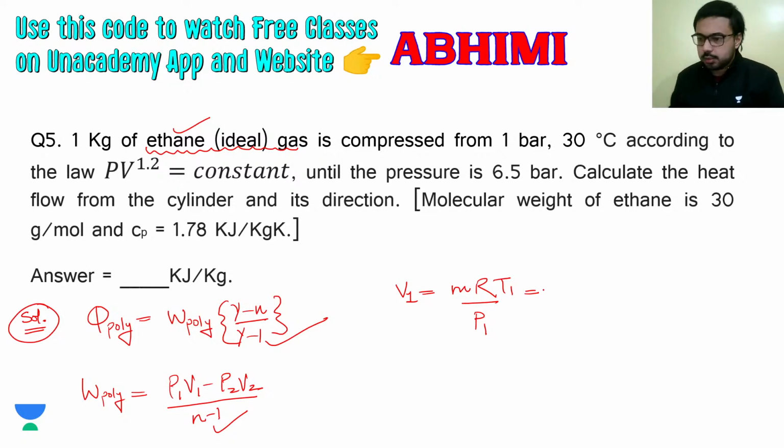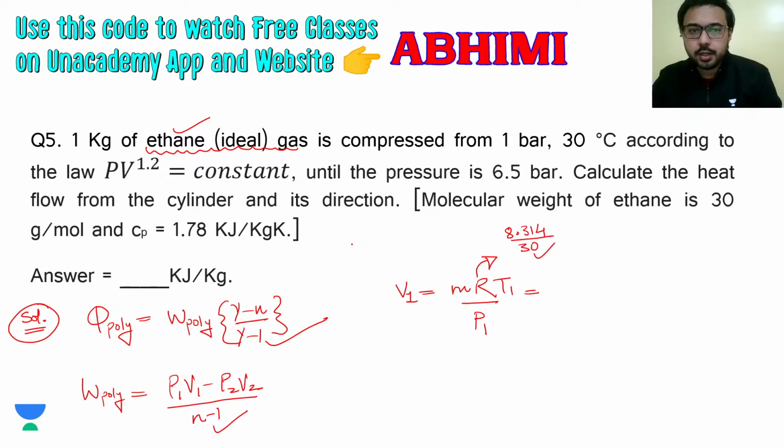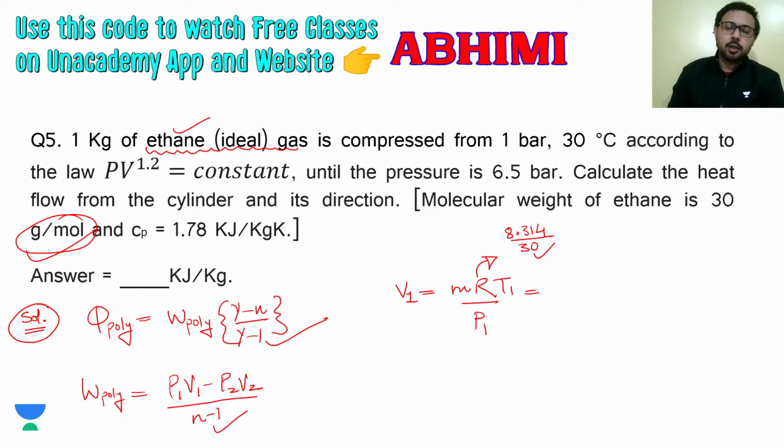This R is not 0.287, because here we don't have air; it will be 8.314 divided by 30. Remember, this molecular weight unit is gram per mole. It is very important. If you are using the universal gas constant with kilomole in the unit, you can take this molecular weight as 30 kg per kilomole.